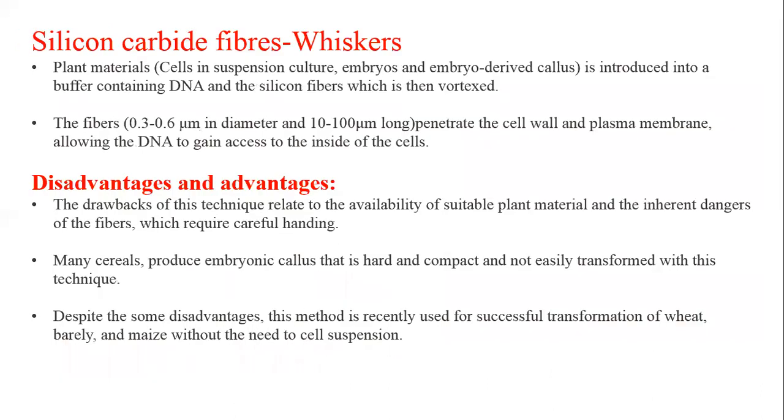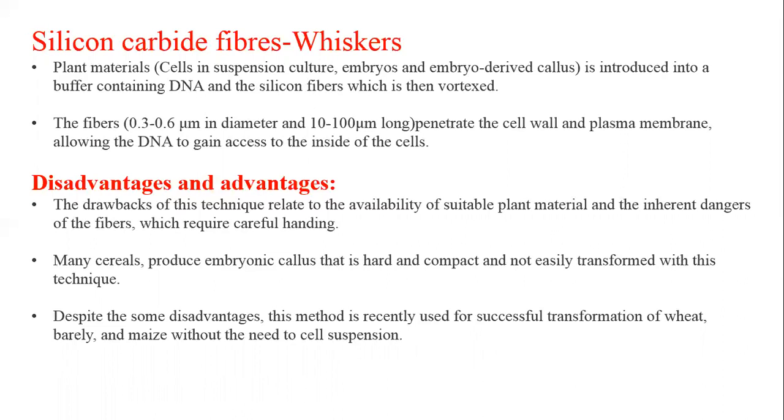Silicon carbide fibers or whiskers are also used for plant transfection. The DNA and silicon carbide fibers are co-cultured in a vortex machine, and during vortexing, the fibers create punctures in the plant cell wall and plasma membranes, through which the genetic material gains access to the inside of the cell.